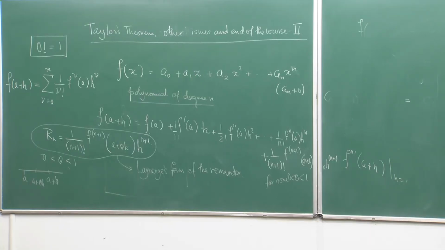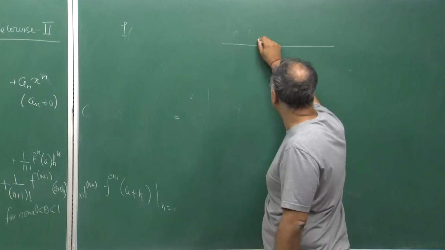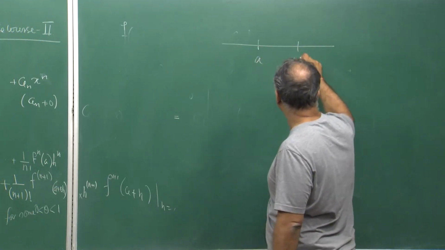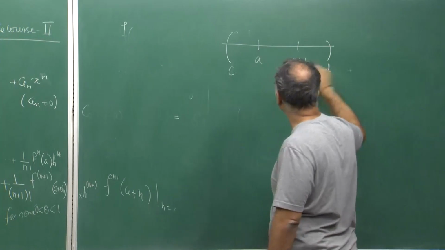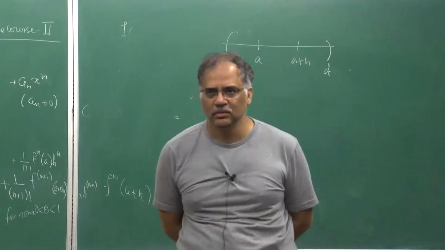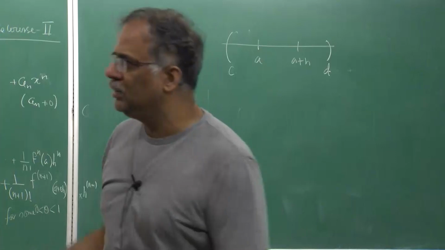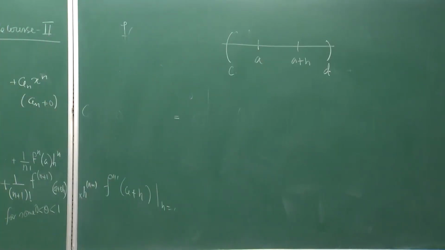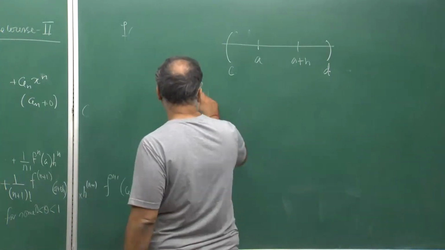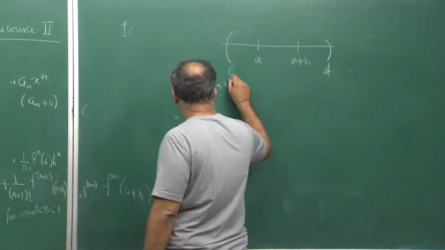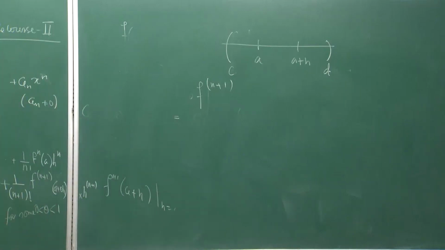Now assume that a and a plus h are contained in some bigger open interval, say C and D. And in that open interval, all the derivatives are continuous and all those things. Now assume that f^(n+1) is also a continuous function in that interval CD.